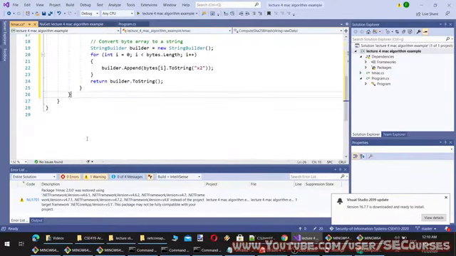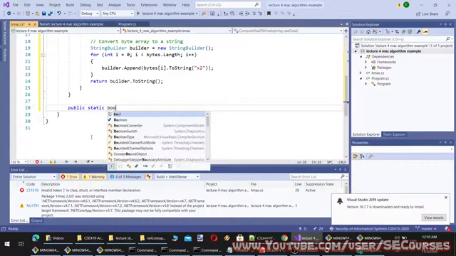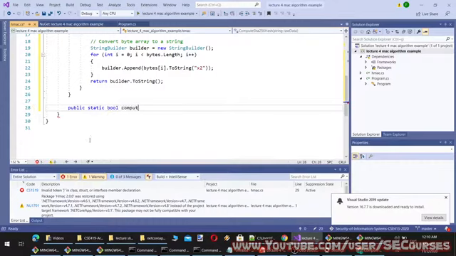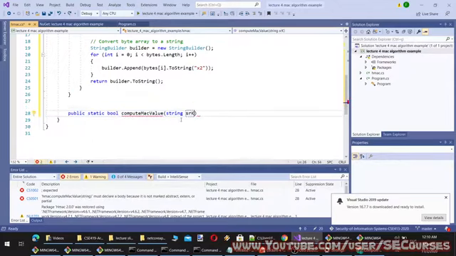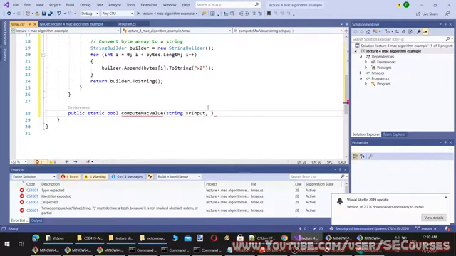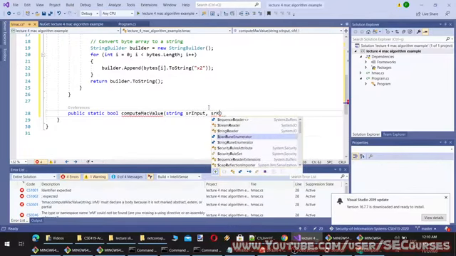Then I'm going to have a bool, perhaps ComputeMacValue, which will take strings as our input and key.